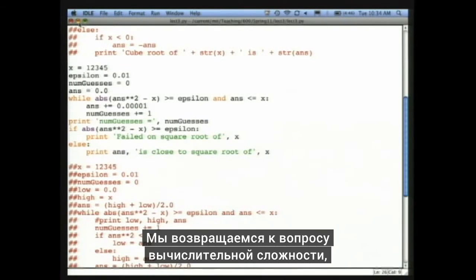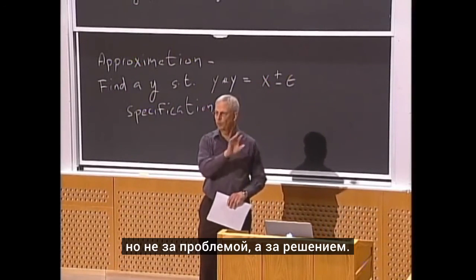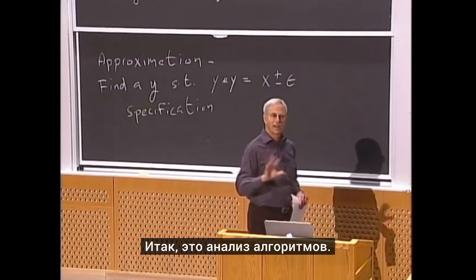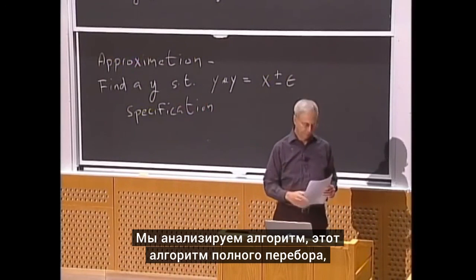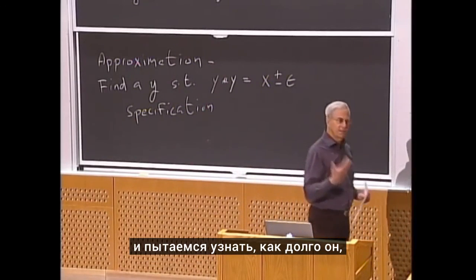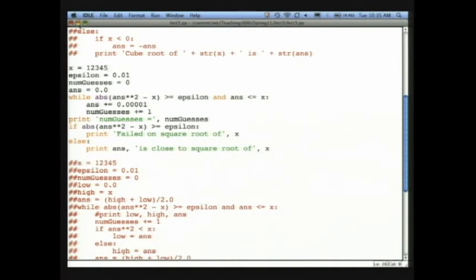We're going back into this issue of computational complexity, but here not of the problem, but of the solution. So this is algorithmic analysis. We're analyzing the algorithm, this exhaustive enumeration algorithm, and trying to figure out how long it's likely to take to run. Well, what does the running time of this algorithm depend upon?